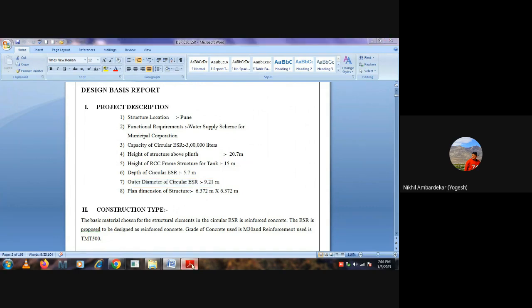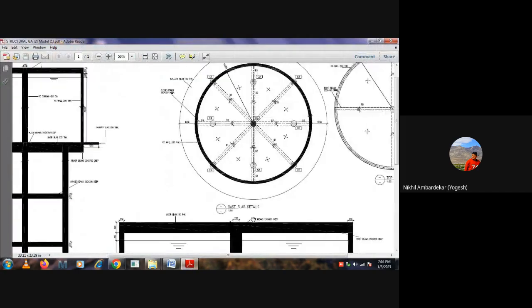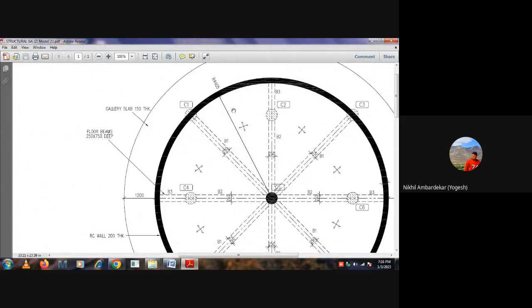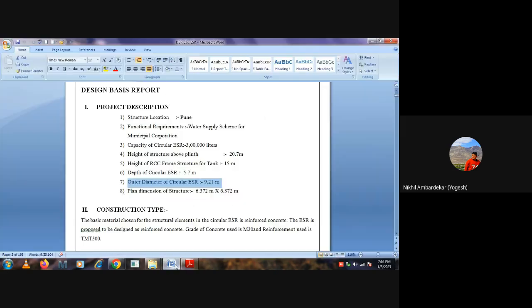Okay, so if we just make a summation, 4.405 into 2 plus 0.4, so 9.21. Correct. Outer diameter of the tank is 9.21. Plan dimension of structure, that is 6.372 by 6.372.